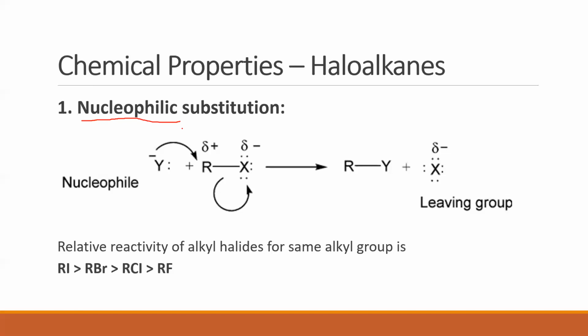The nucleus is positively charged. So when I put these two words together, nucleo and phile, I get the word nucleophile, which means somebody who likes positive charges. Now, who likes positive charges? Of course, somebody who is negatively charged or somebody who is rich in electrons. Such species are called nucleophiles.